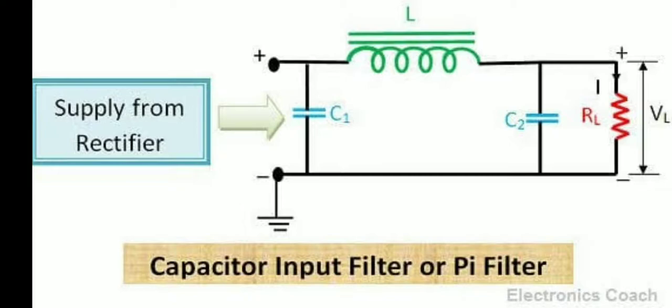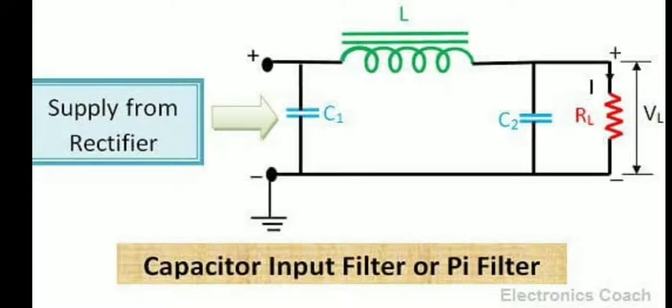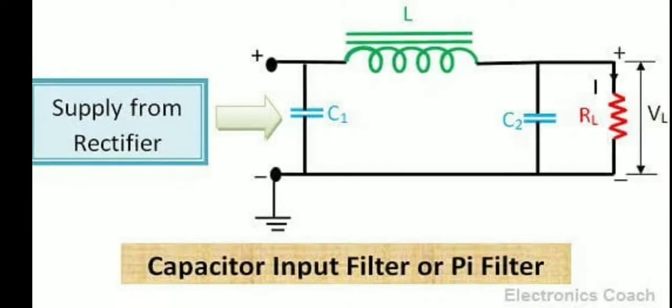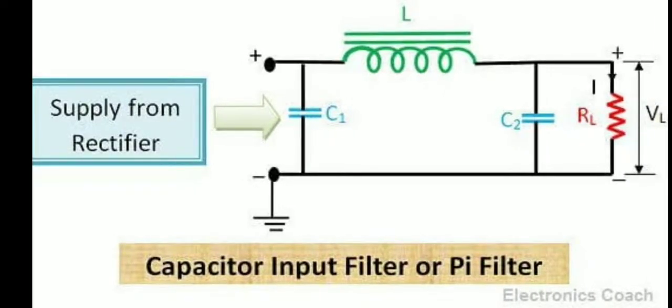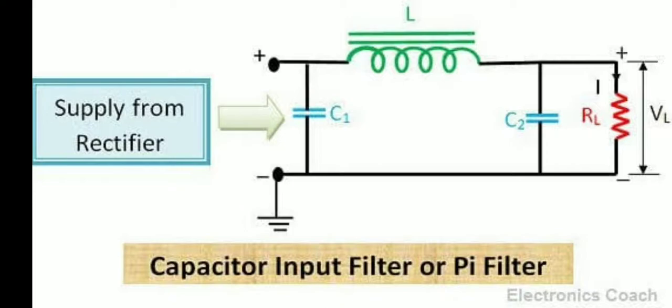Then the next point is what is a pi filter. A pi filter is one kind of filter which is a two-port, three-terminal block including three elements, where each element has two terminals.